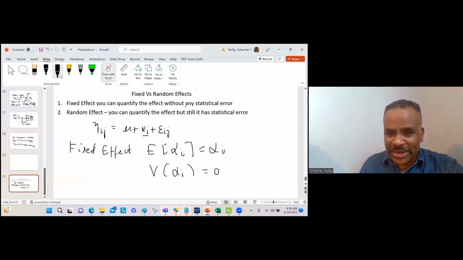No statistical error, you see, so the variance should be 0.